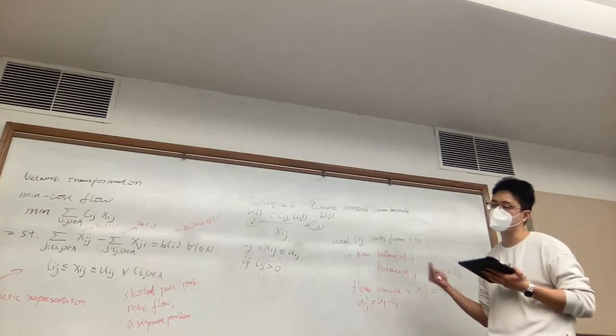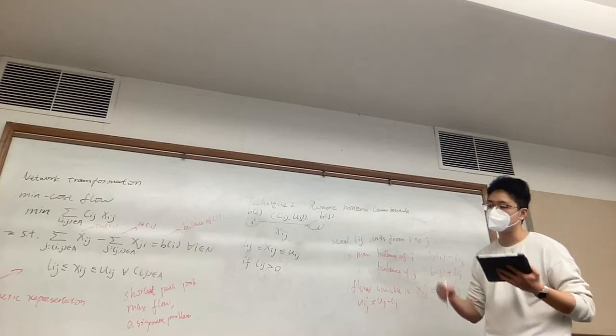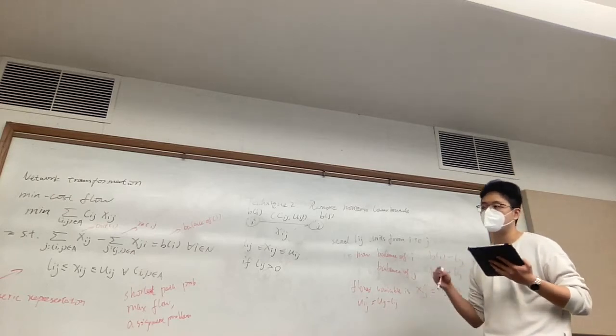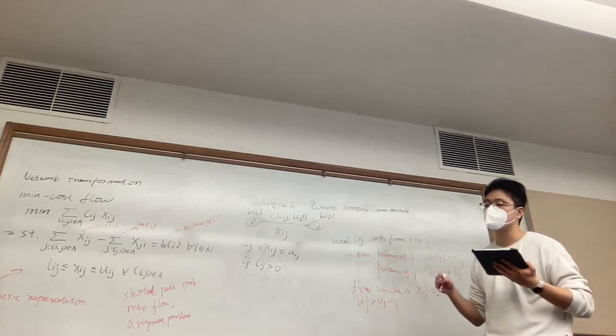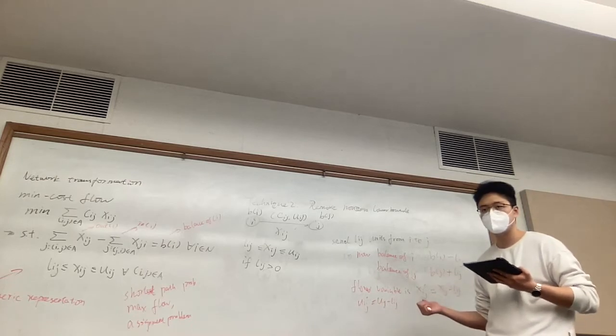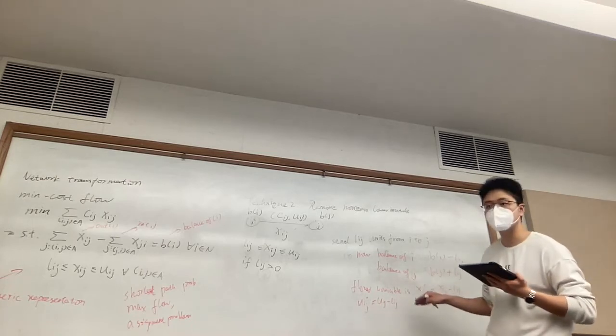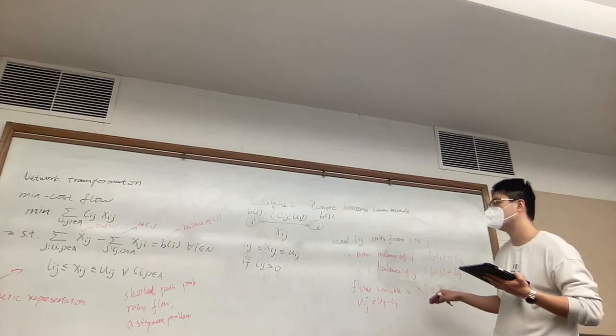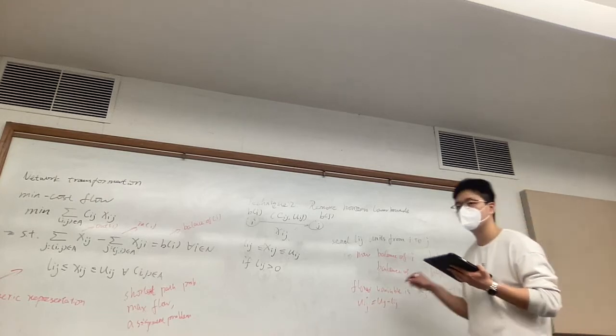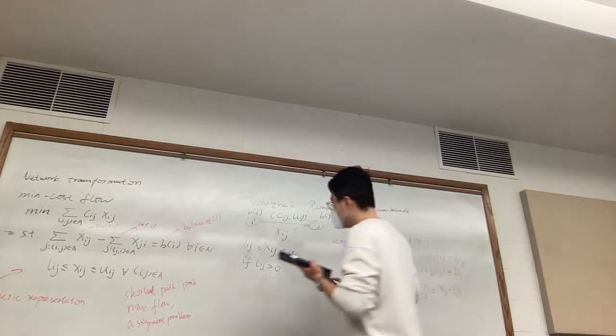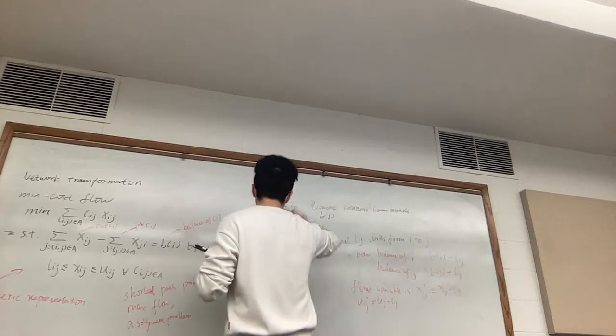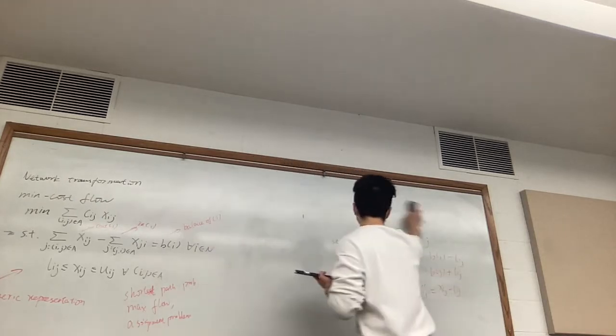How should you transform this problem into another problem that is introduced in class? In this way, you can use existing algorithms to solve it. So make sure that you understand why. If you have any question, just raise your hand. Okay, if no questions, then I will continue.